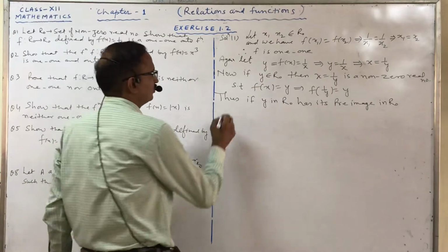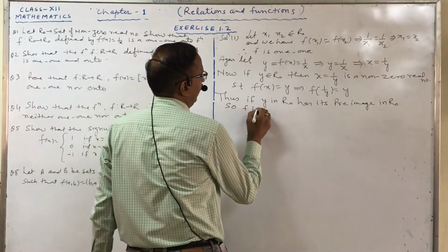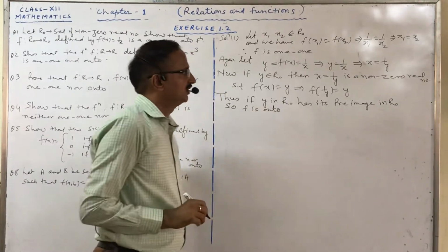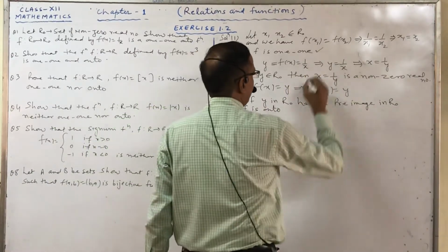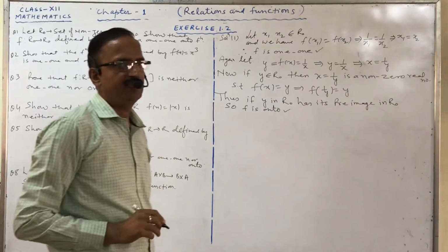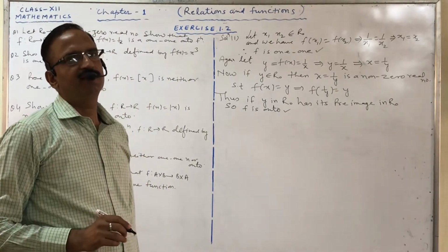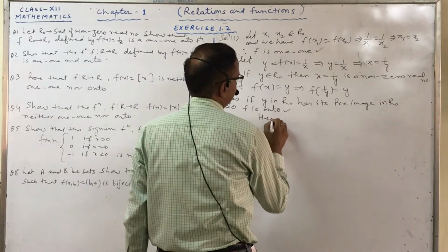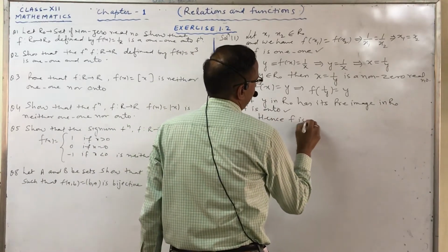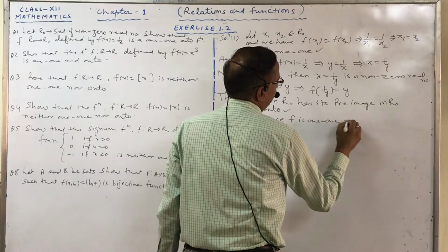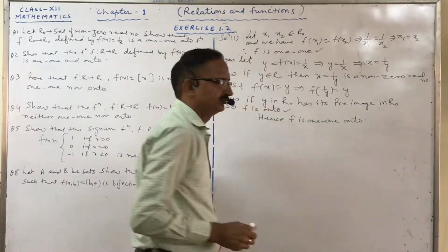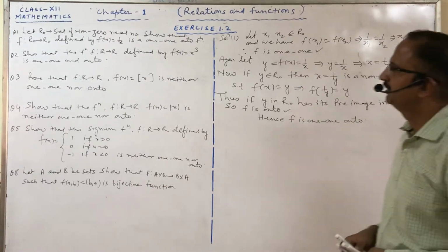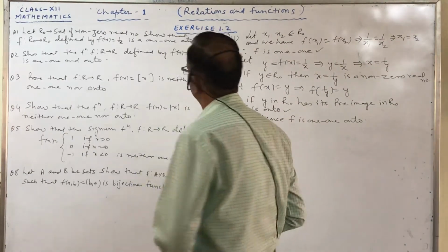So f is onto. f is one-one. f is onto. So we can say that f is one-one onto. So hence f is one-one onto. This is all about question number 1.